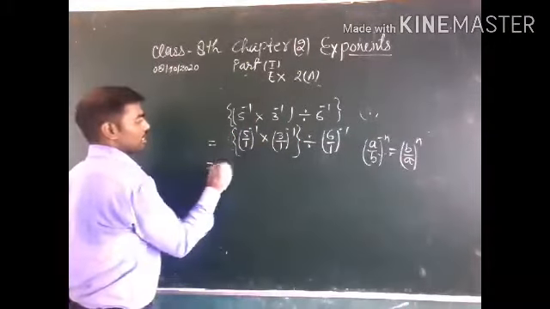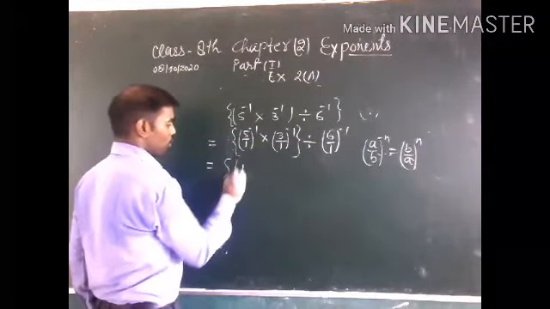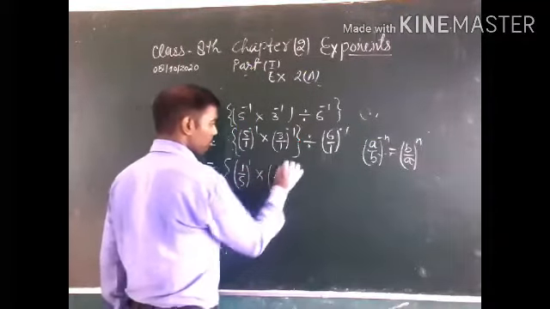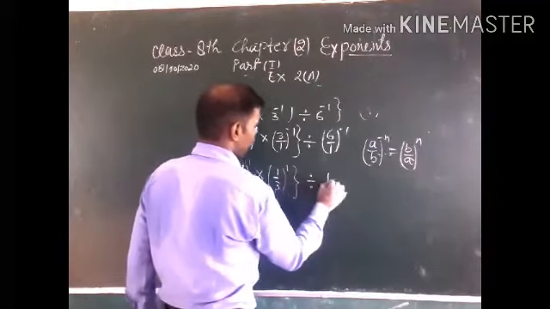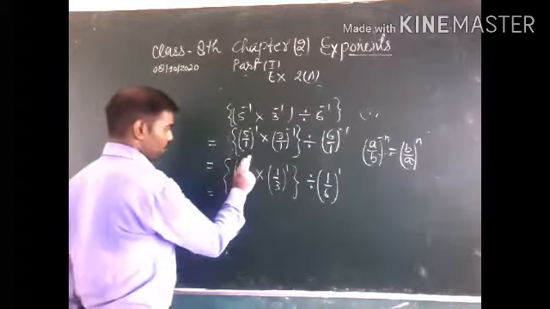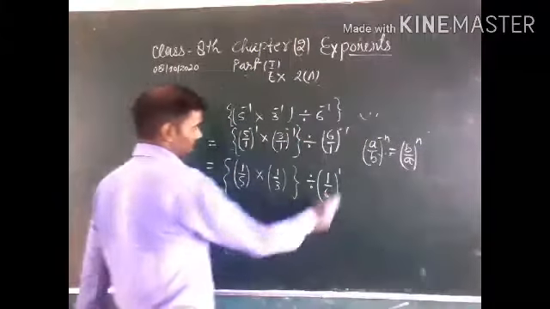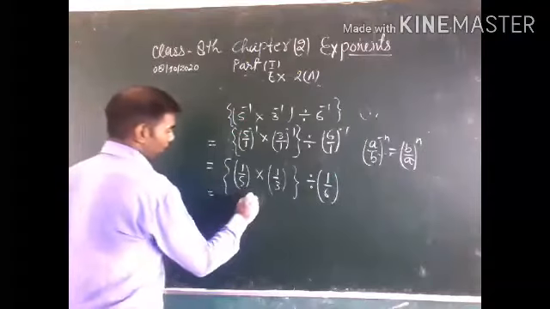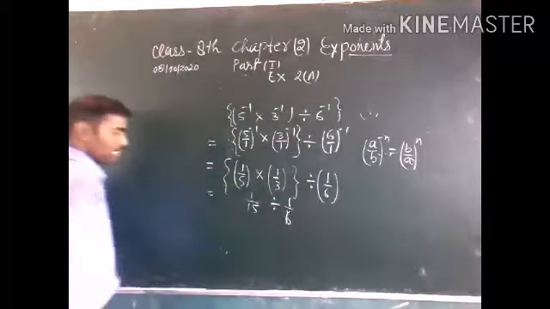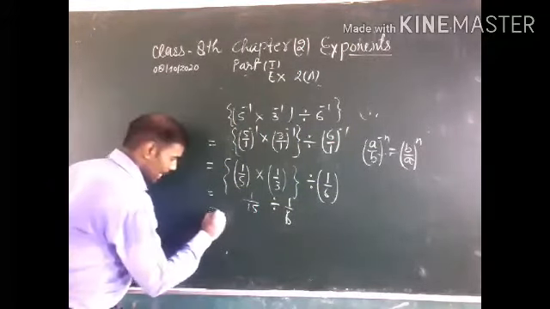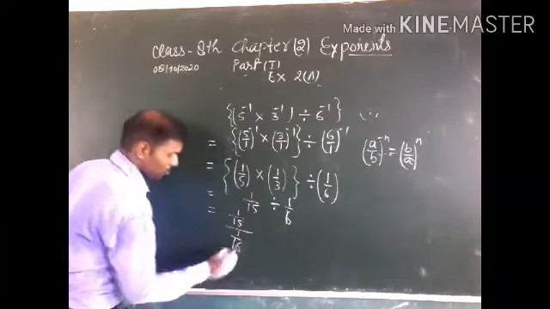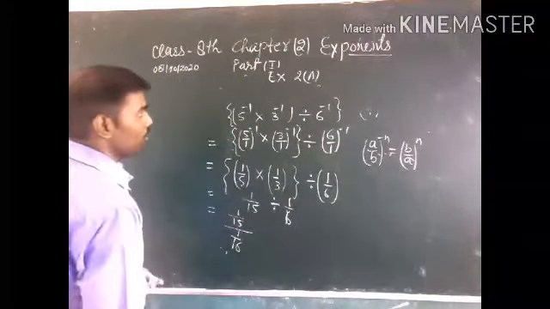So you can write (1/5) to the power 1 into (1/3) to the power 1, divided by (1/6) to the power 1. It means 1 by 5, 1 by 3 and 1 by 6. So 1 by 15 divided by 1 by 6.